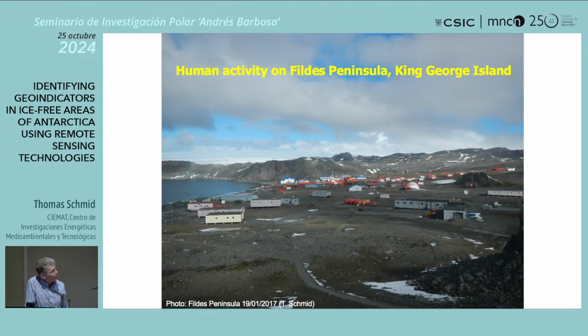This next example is how we apply the radar for the bases. Here we see this concentration of bases on King George Island: the Russian base, the Chileans have a few bases, the military base and the scientific base, although one base has burnt down now. But when we were there, it was still up.